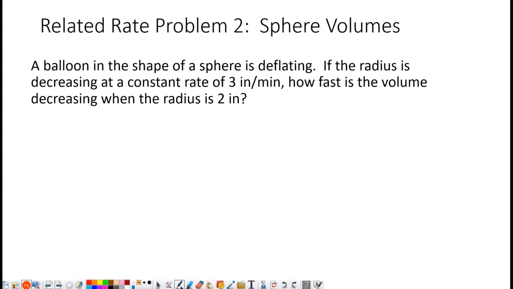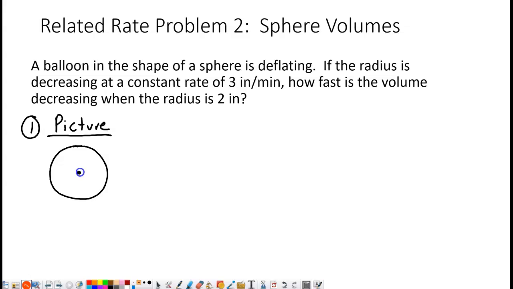All right, so step 1, we draw a picture. We're talking about a spherical balloon with a radius that is decreasing. So my picture in 2 dimensions looks exactly the same as the other one, but let's be aware we are talking about a sphere here and not a circle.